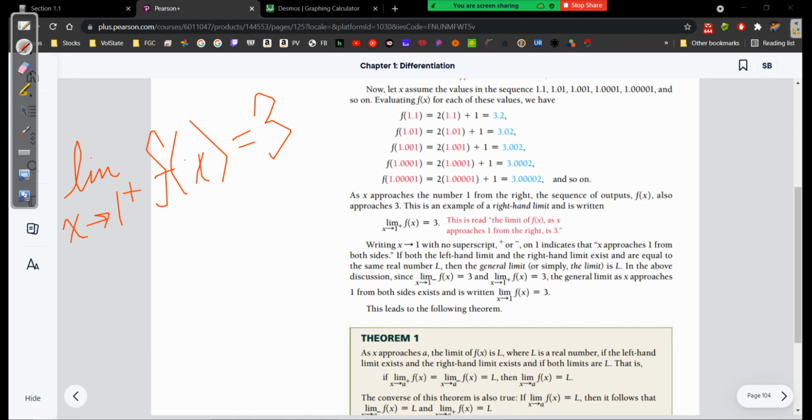If we write x approaches 1 with no superscript plus or minus on the 1, that indicates that x approaches 1 from both sides.